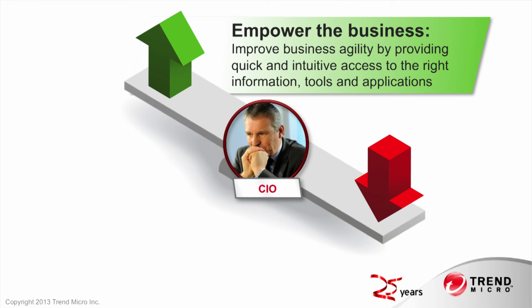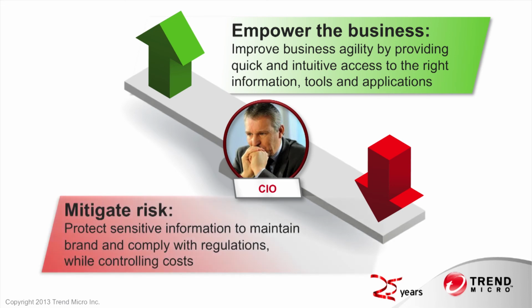That's the number one goal. But at the same time, they have to balance this with the need to mitigate risk, to protect that sensitive information, to maintain the brand, to comply with regulations, but also at the same time while controlling costs. So this is a very tender balance that we find ourselves in.